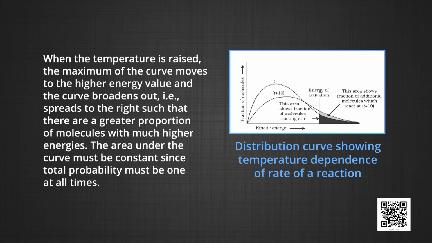The area under the curve must be constant, since total probability must be 1 at all times. We can mark the position of EA on the Maxwell-Boltzmann distribution curve. Increasing the temperature of the substance increases the fraction of the molecules which collide with energies greater than activation energy.